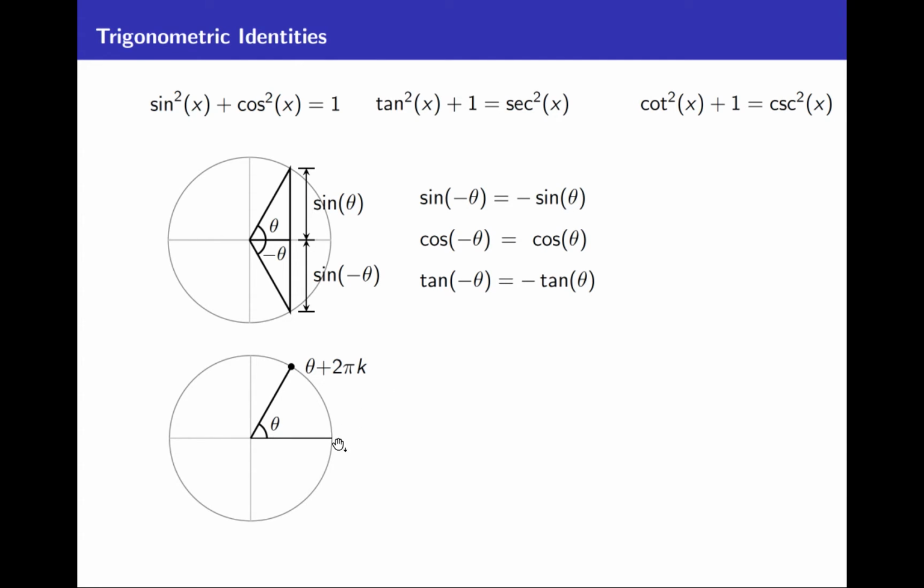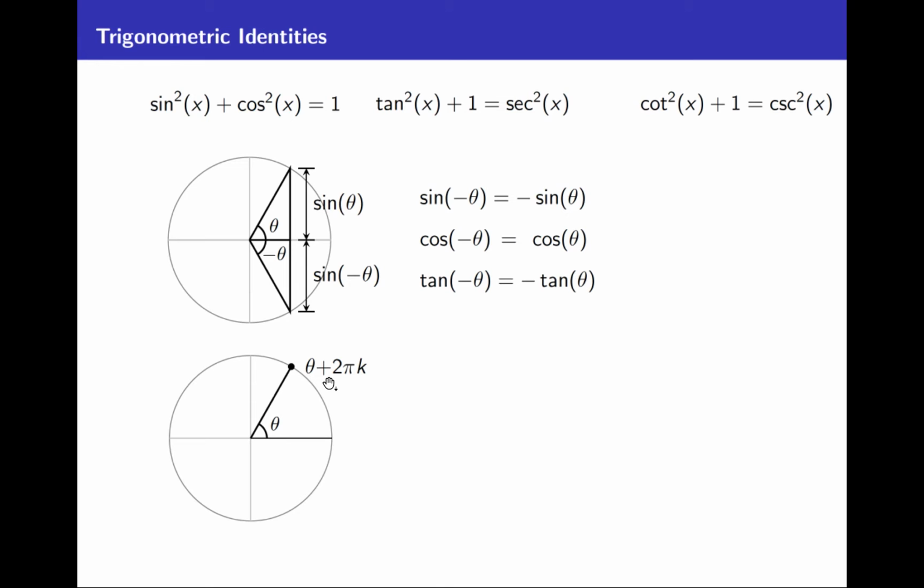Another identity, or another set of identities, comes from the fact that at any radian measure theta, if you add 2 pi times k for an integer k, you're back to that same point on the unit circle. Add a multiple of 2 pi to theta, you get back to theta. Another 2 pi added, you get back to theta.